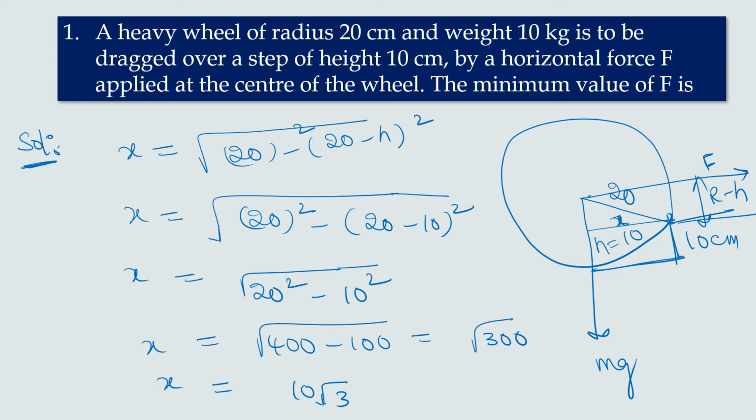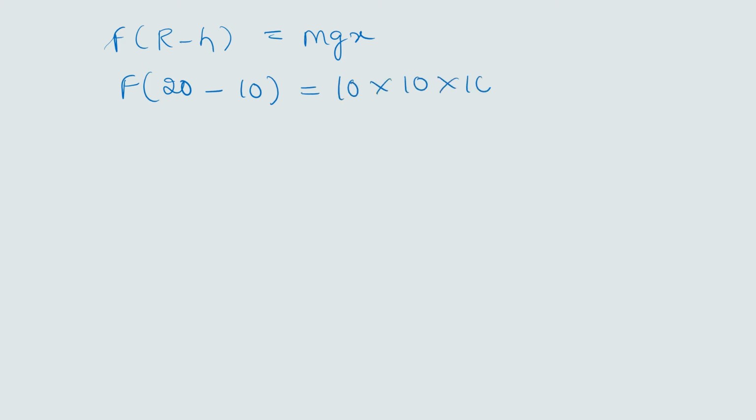So F into R minus H is equals to mgx. Now substituting values, radius they given as 20 minus height they given as 10, and 10 into 10 root 3, the X value is 10 root 3. Now 20 minus 10 is 10, so that is equals to 10 into 10 into 10 root 3, the 10 10 gets cancelled.